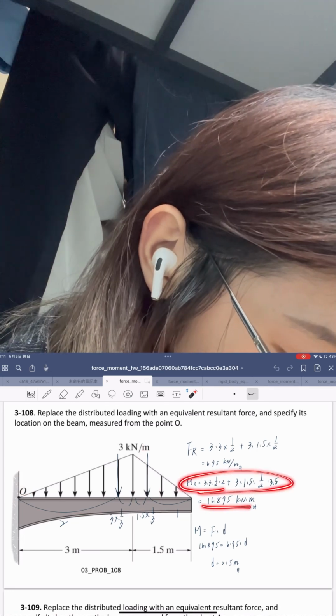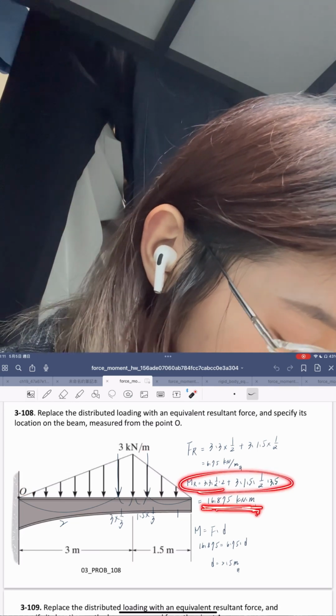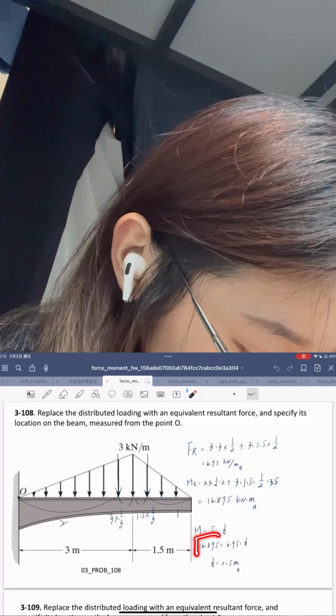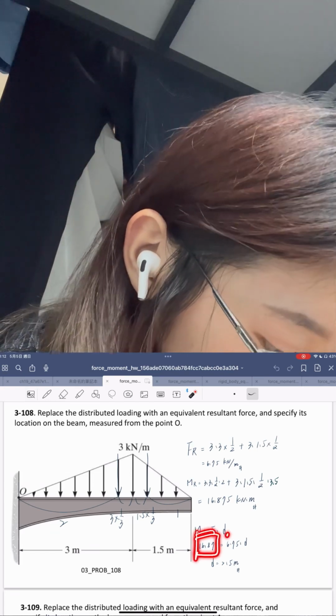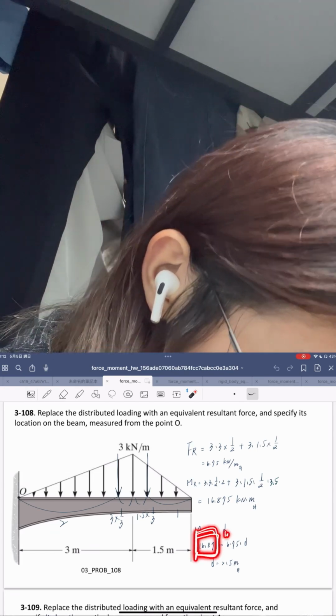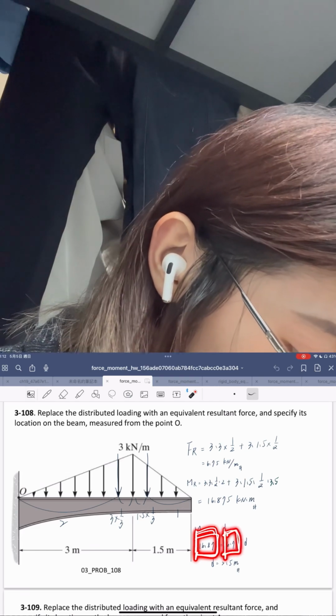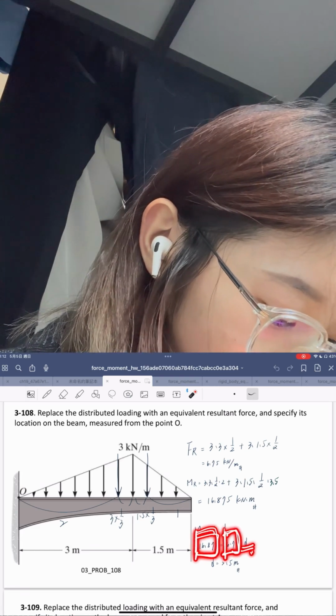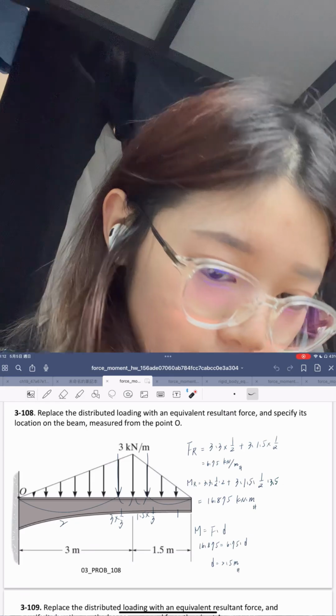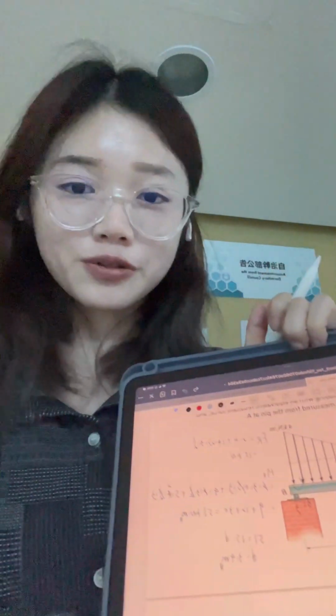So we know the resultant moment and resultant force, and the distance is 2.5 meters. I'm sorry for the noise in the question, I just went outside.